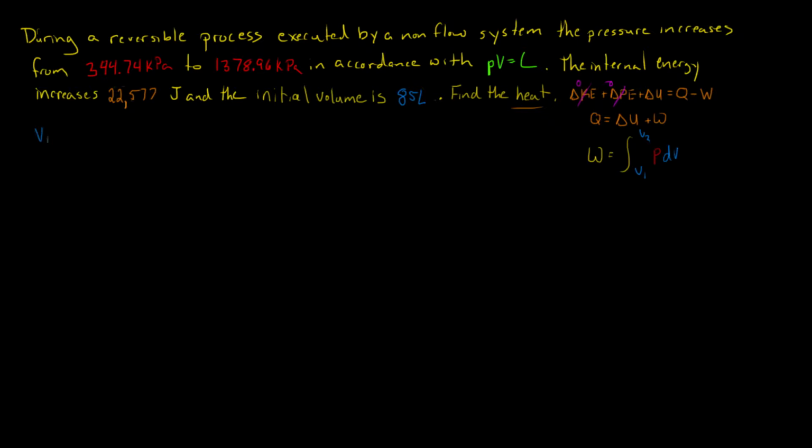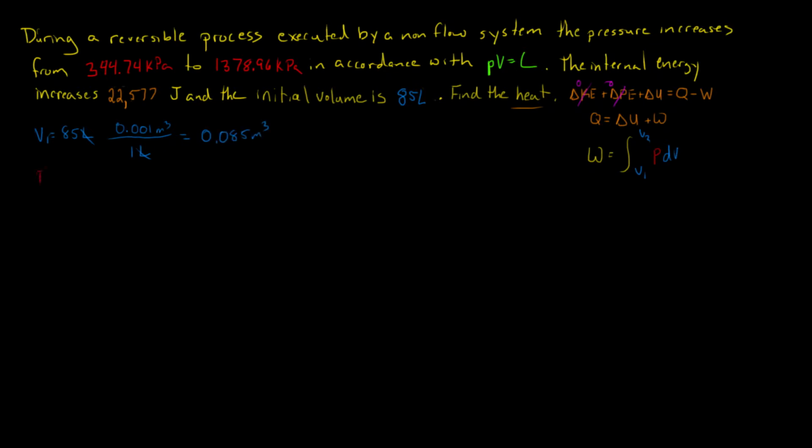We know that V1 is equal to 85 liters, but we want to work in meters cubed. So we're going to multiply this by 0.001 meters cubed, because that's what's in 1 liter, and we get our volume equal to 0.085 meters cubed.